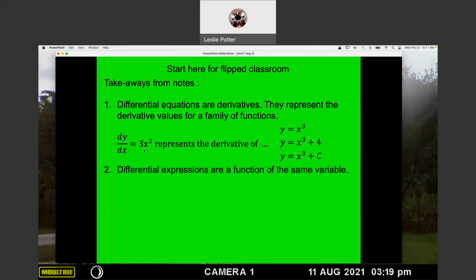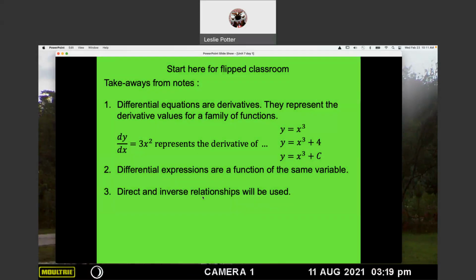So differential expressions are a function of the same variable. The differential expression here is a function of x, and its parent function is written in terms of the variable x. We have direct and inverse relationships that we're going to be focusing on.